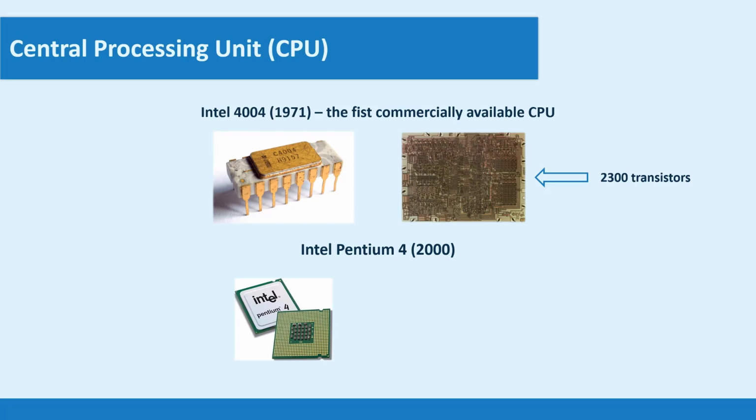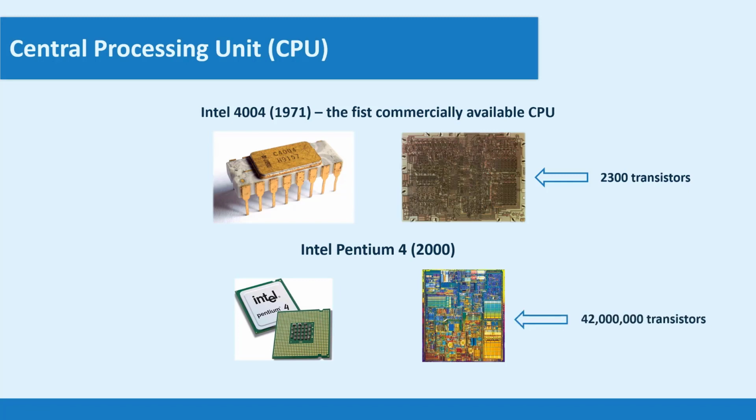Each of these dots is a standalone electronic pin which connects the central processing unit to the rest of the computer. Therefore, while Intel 4004 in 1971 had 16 pins, Pentium 4 processor already had hundreds of them. And sure enough, its internal structure became much more complex and it consisted of approximately 42 million transistors.